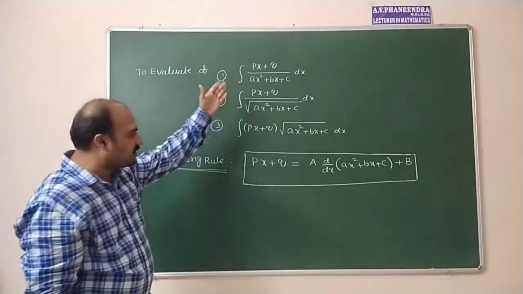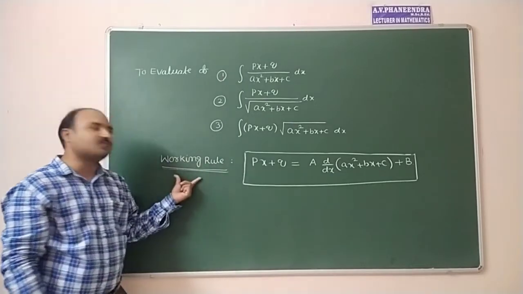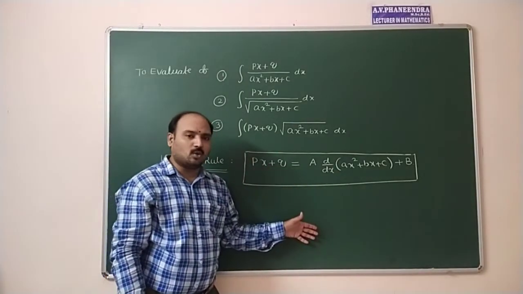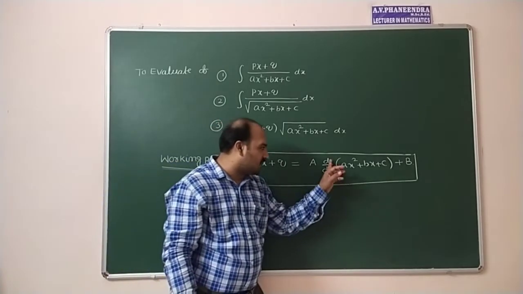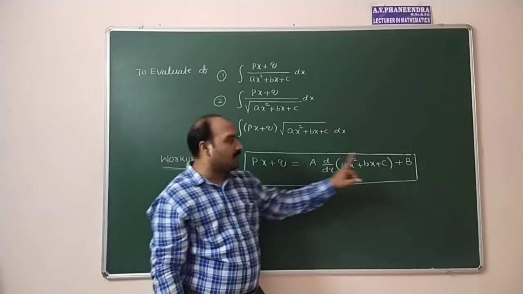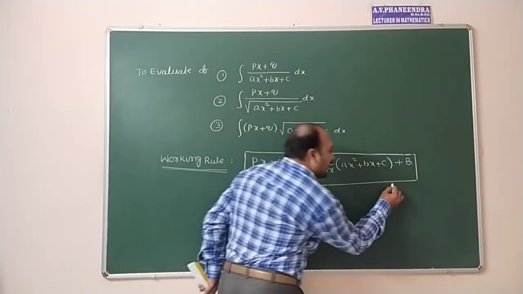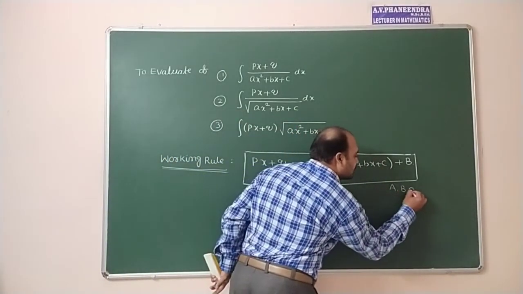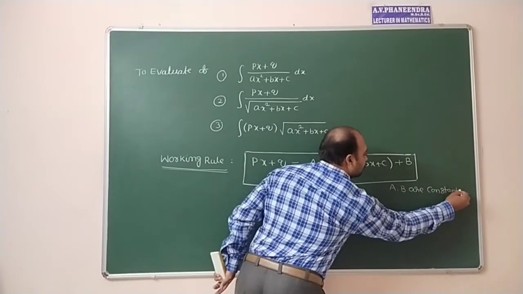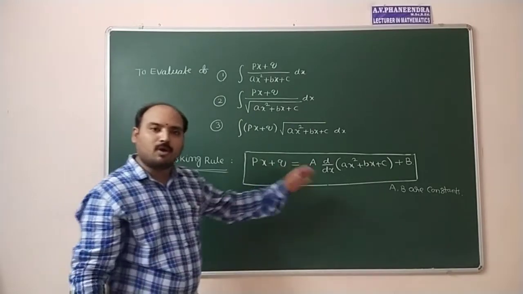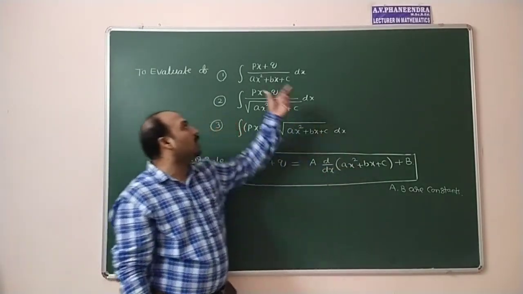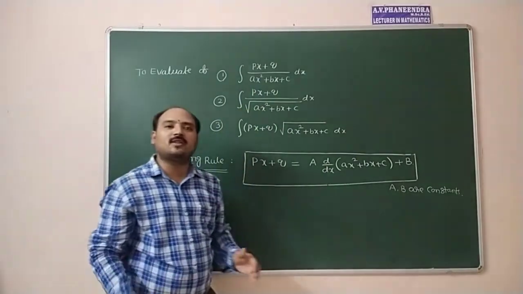After writing this working rule, by differentiating ax square plus bx plus c, get the values of capital A and capital B, which are constants. Get the values of A, B, and in place of px plus q, replace this value and then integrate. We will get the answer.